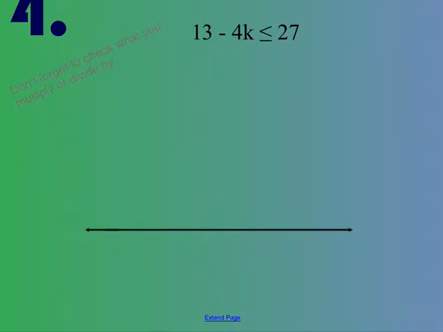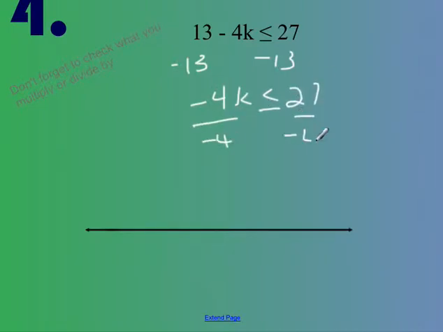For number 4, first thing we want to do is subtract the 13 over to the other side. So I end up getting negative 4k is less than or equal to 27. So now I need to divide both sides by a negative 4. Again, alarm bells going off in my head. Because I divided by a negative number, I need to go ahead and flip that symbol around.